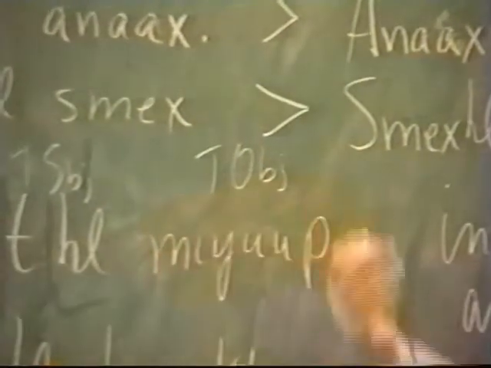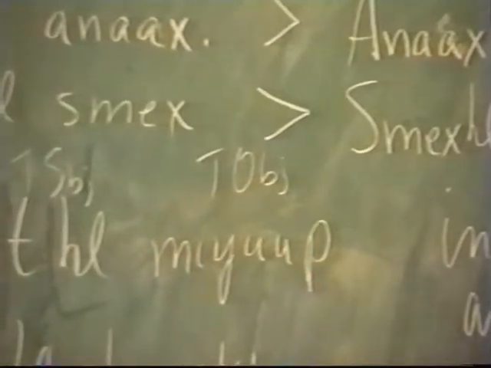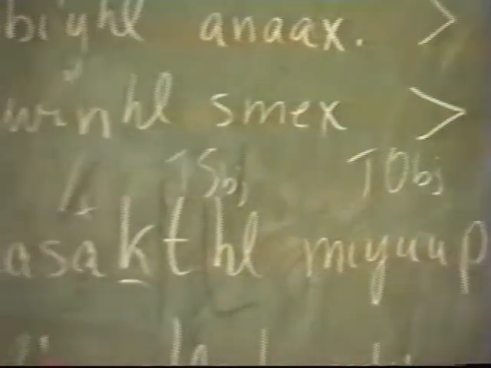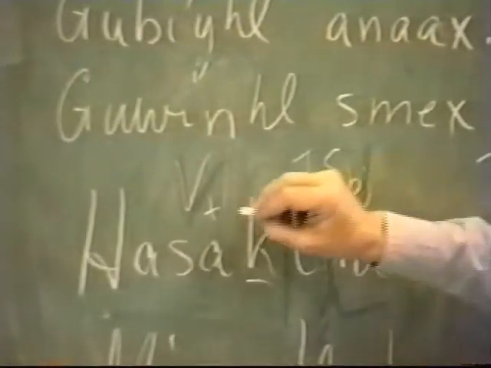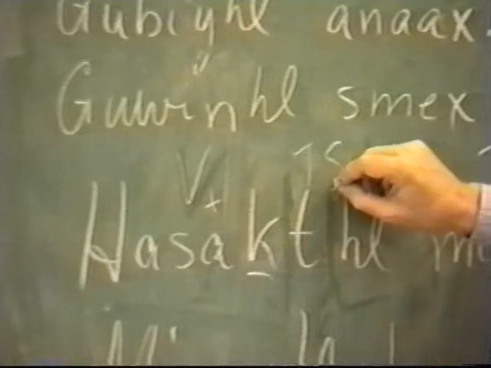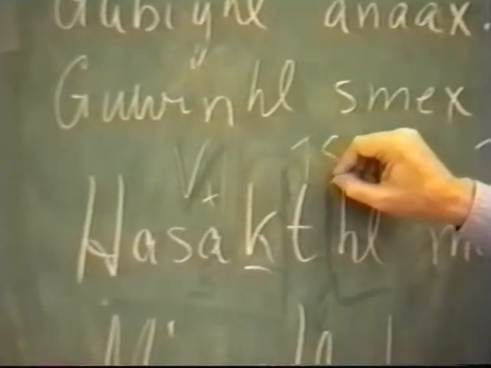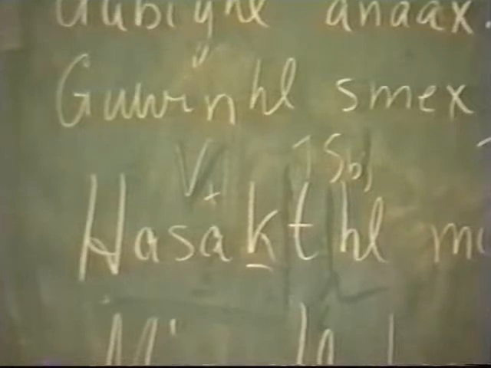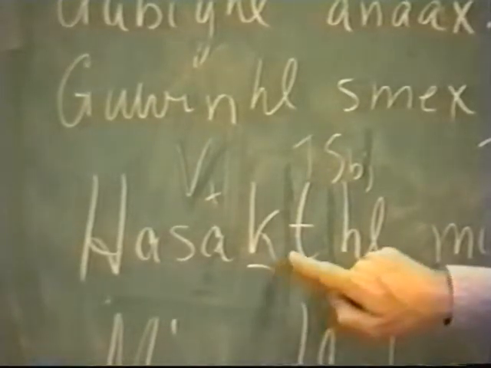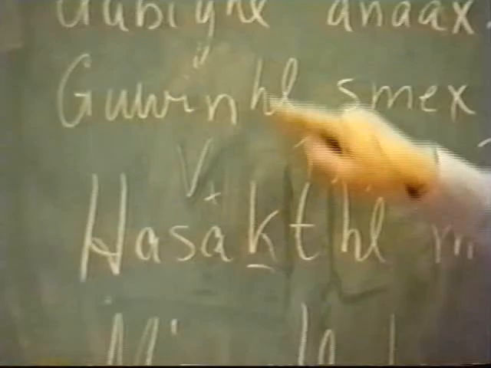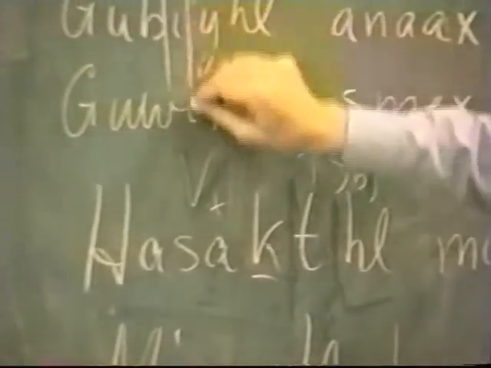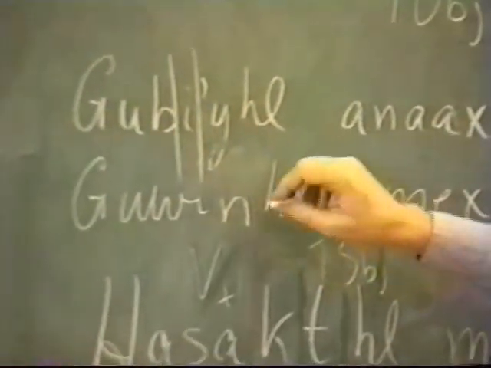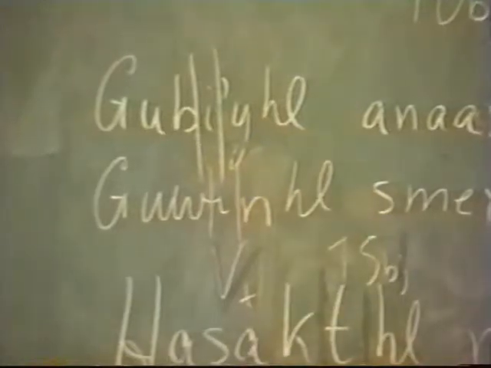In terms of the ordering, it looks right. The only thing that's wrong is that whenever you have a transitive verb with a third person singular subject, you have to have a vowel following the last consonant of the stem. Notice right here, it's gubi and guwin.